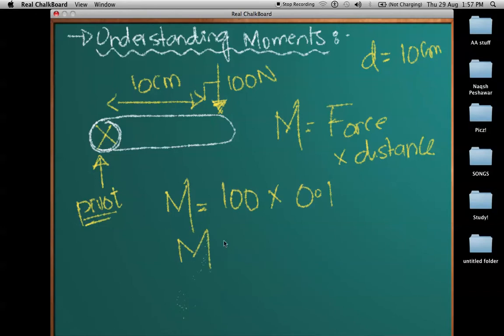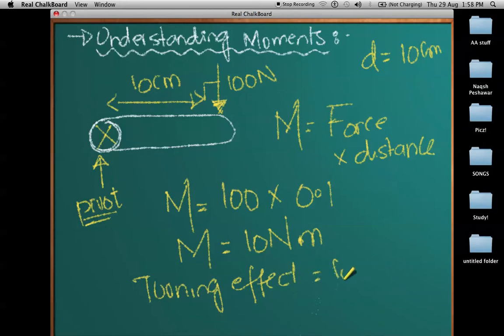So your moment is 10 Newton meters. This means that the turning effect is 10 Newton meters. Just remember this result, and we'll continue doing some more things here with the same problem.